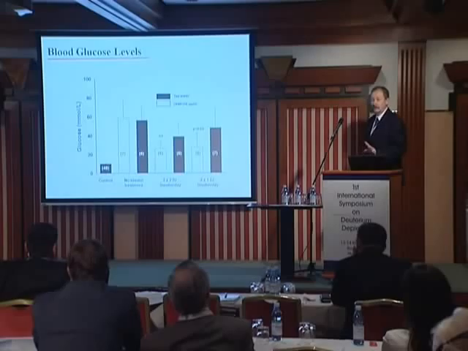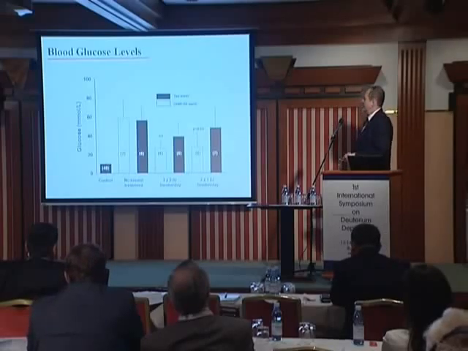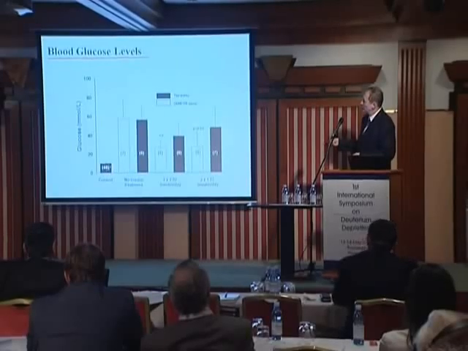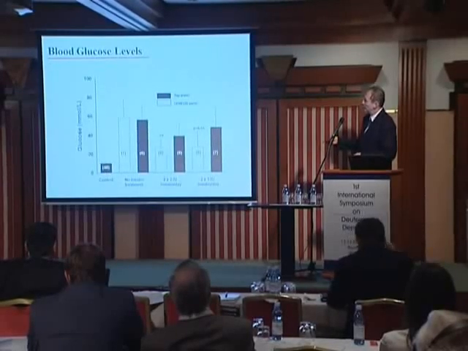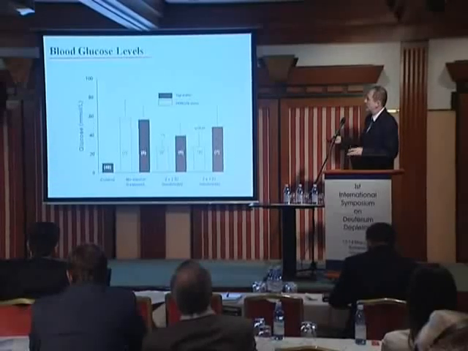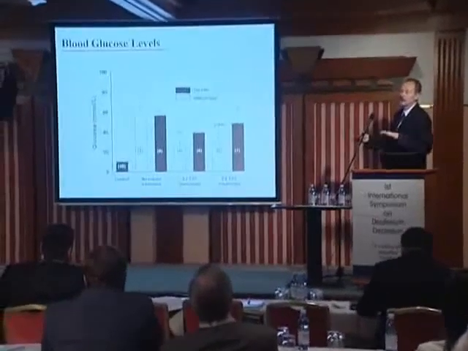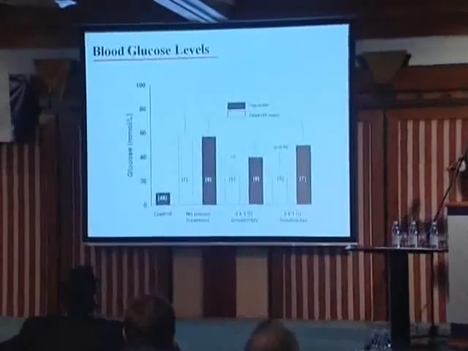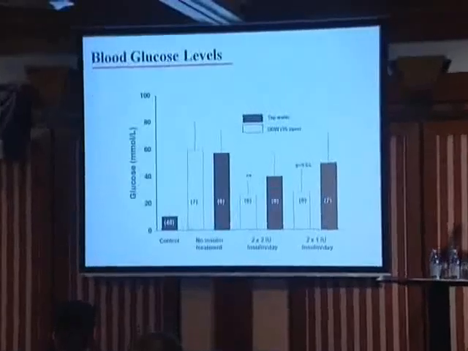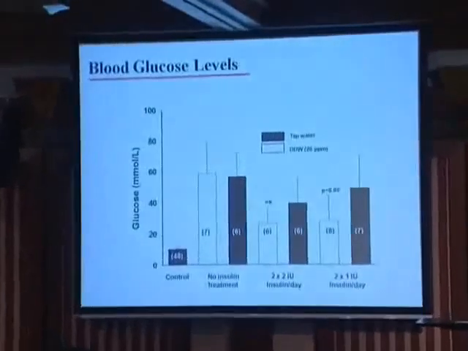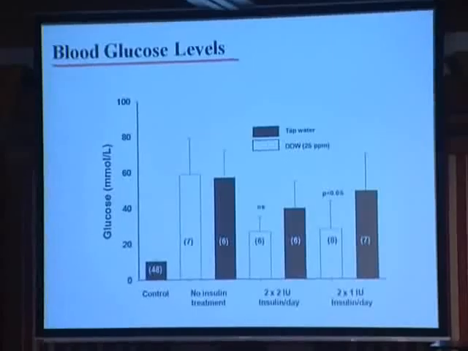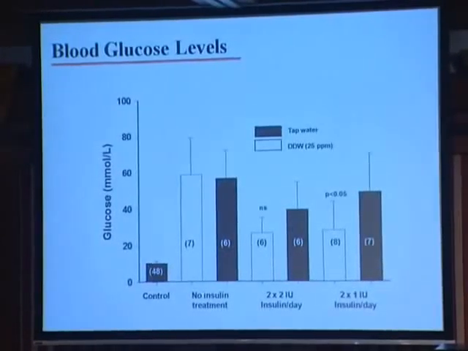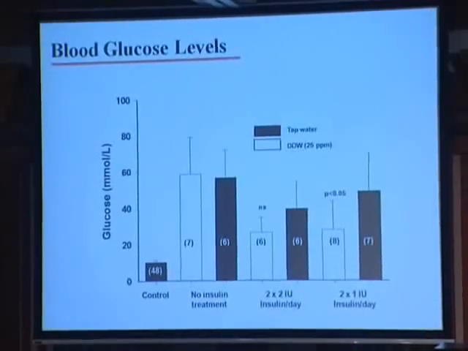Now let's see what we got for the first experiment. This is the control value: animals have a very low level of sugar, about 7.1. These are not fasting blood glucose levels. If we didn't give any insulin treatment, of course the sugar level was very high in these animals. Then we wanted to test whether depleting the deuterium alone can affect the sugar level.